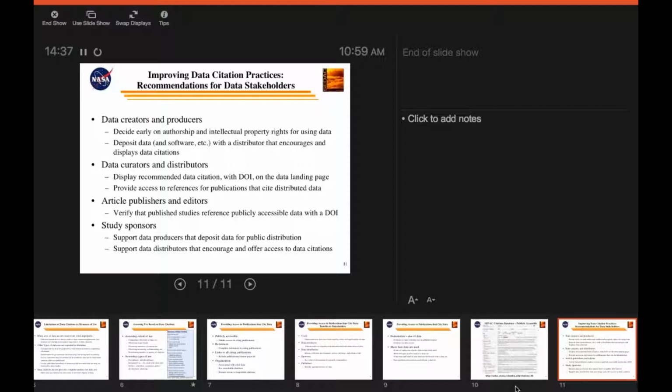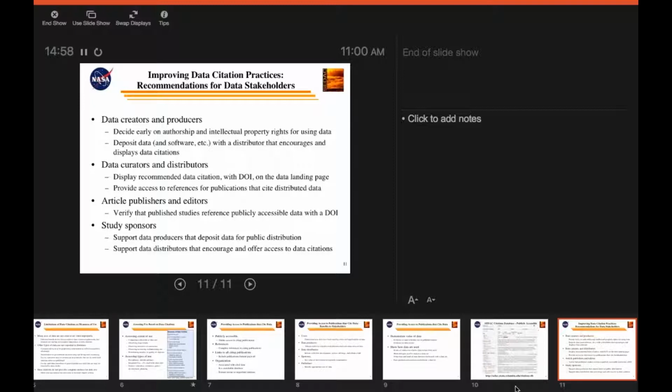But if you go to the data landing page for the data, you're not going to be just seeing a list of the data citations associated with that. We try to limit what's on a data landing page because they can get a bit busy.